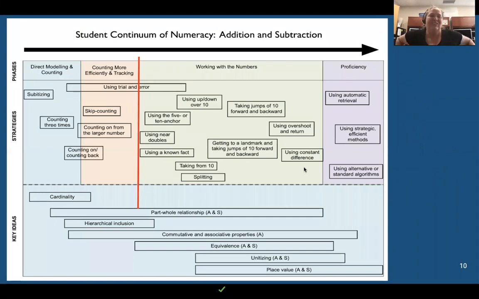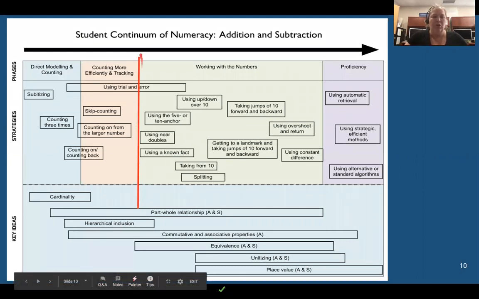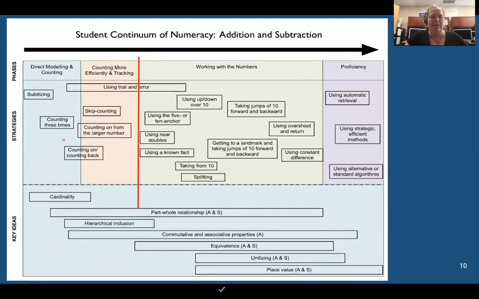All right, so our continuum that we're looking at is pictured here, and I've put a red line in right here to show where we got to. We looked at counting 3 times last time. We looked at counting on in 2 different ways, whether they're using a direct model on this side or counting on and tracking on this side. We also looked at counting on from a larger number.